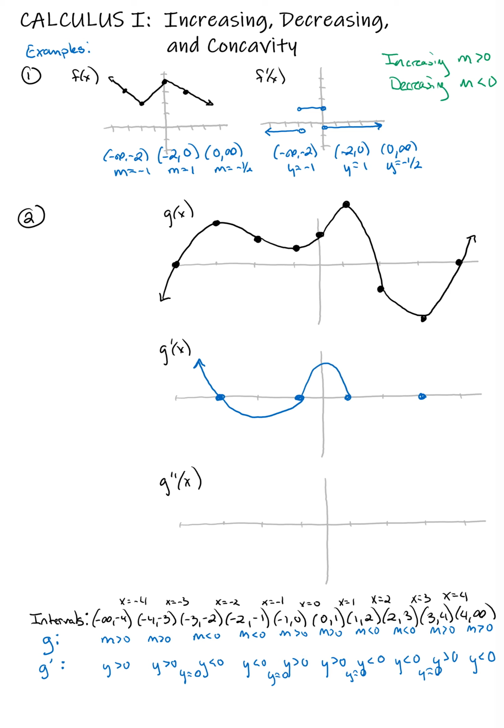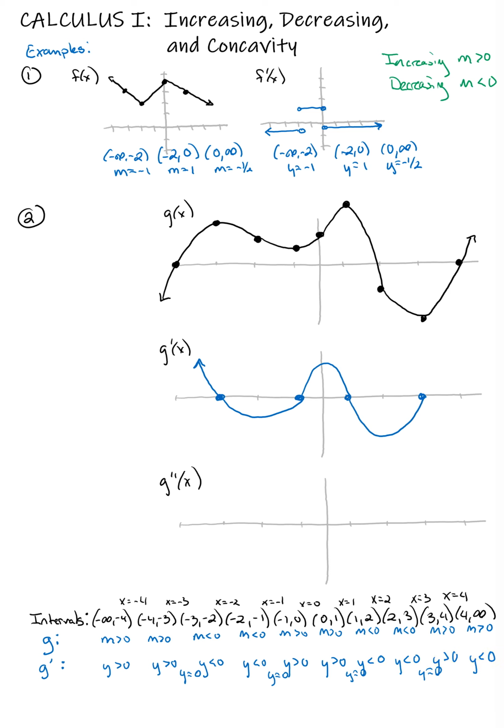And then on the next interval, it goes back down to negative. Now notice it might not always change, it just so happens that these are changing signs. So this one's negative again. And then here at the end, those last two intervals, from 3 to infinity, my y value will have to be positive.